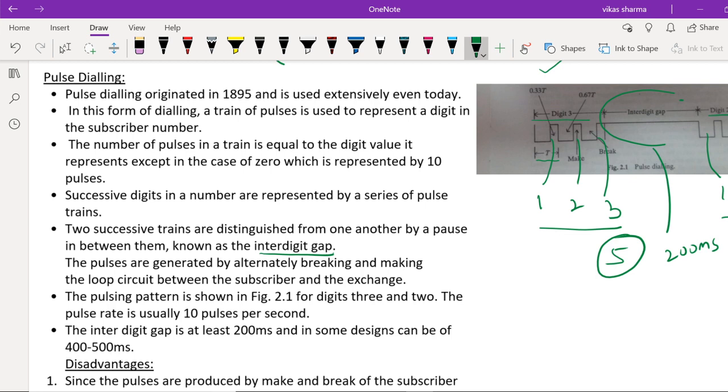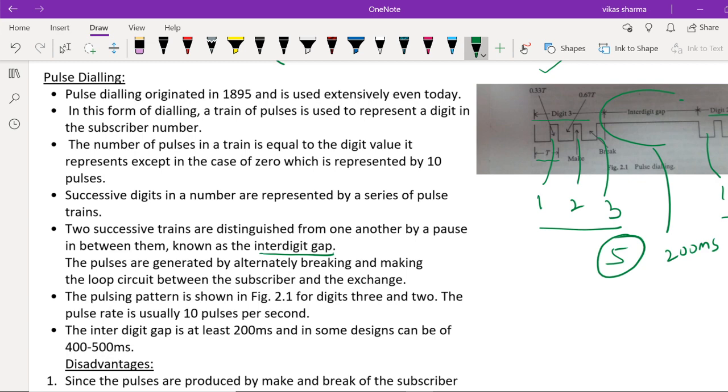So pulse dialing is a very simple mechanism to dial a number, prevalent in 1895 and used till now. For every digit, pulses are generated, with the exception of digit 0, where 10 pulses are generated, because no pulse would not indicate anything to the exchange.